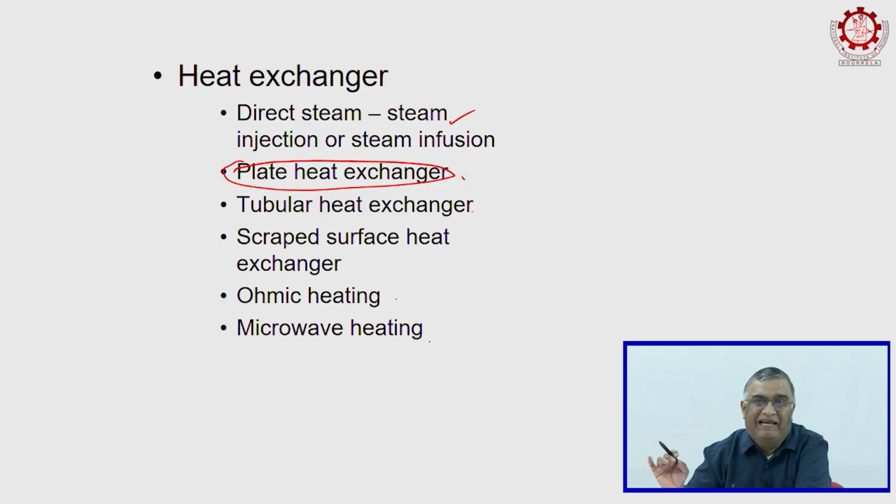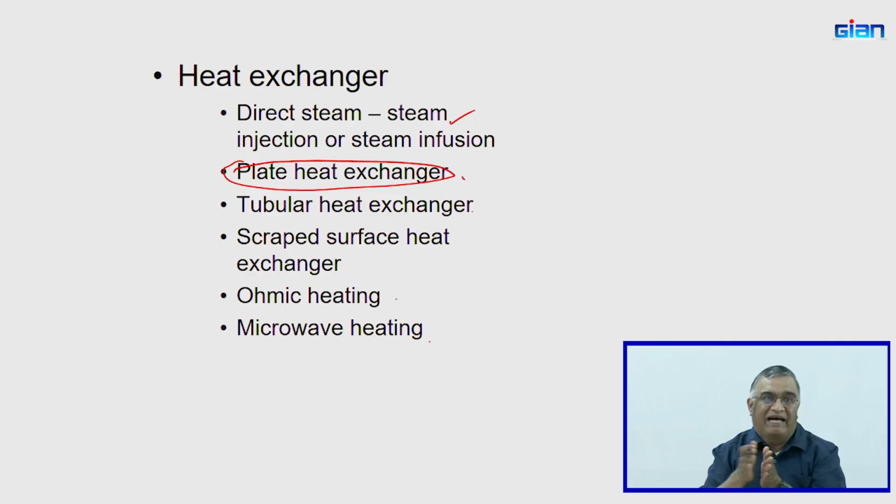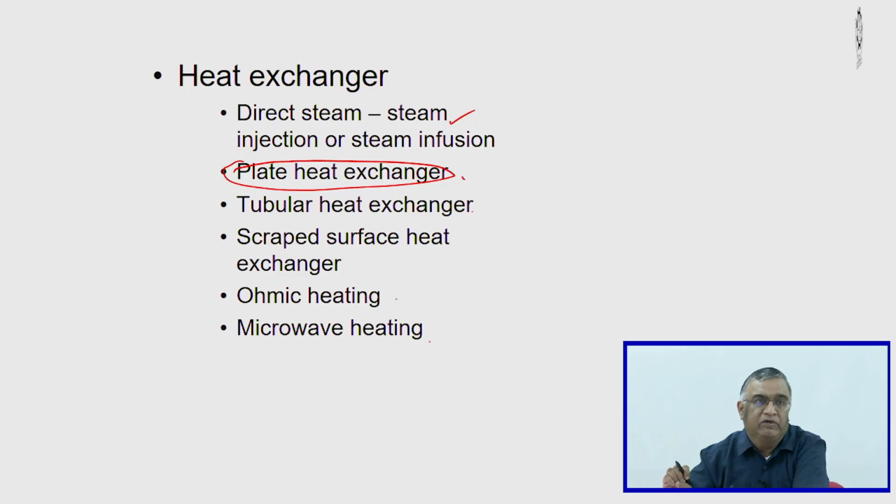Here the plates are held tightly together, and you have a very light fluid passing through. In the case of aseptic processing, you may be using particles like liquid and solid particles, so normally we do not use this heat exchanger here. Typically you may be using a tubular heat exchanger.